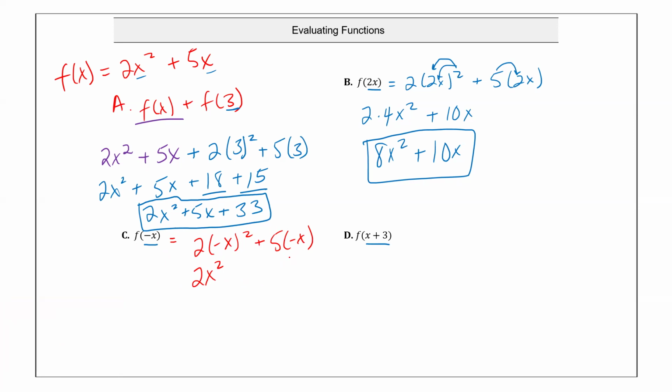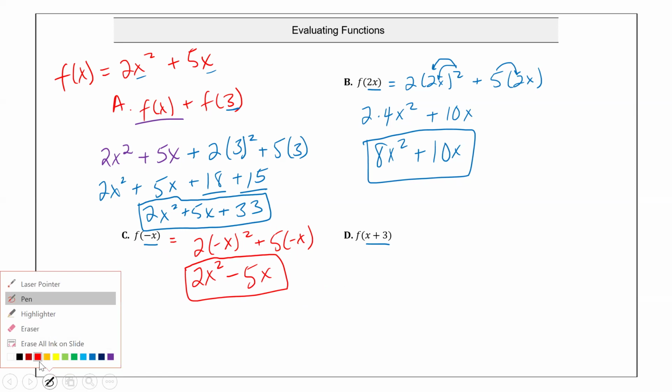And what does that make my 5 now? Negative, so it becomes minus 5x.